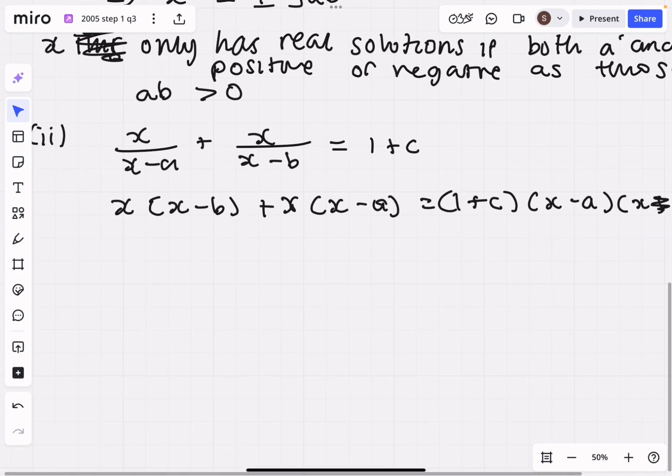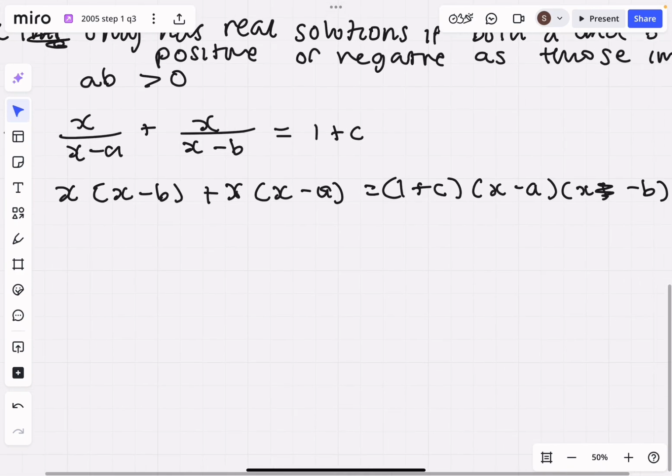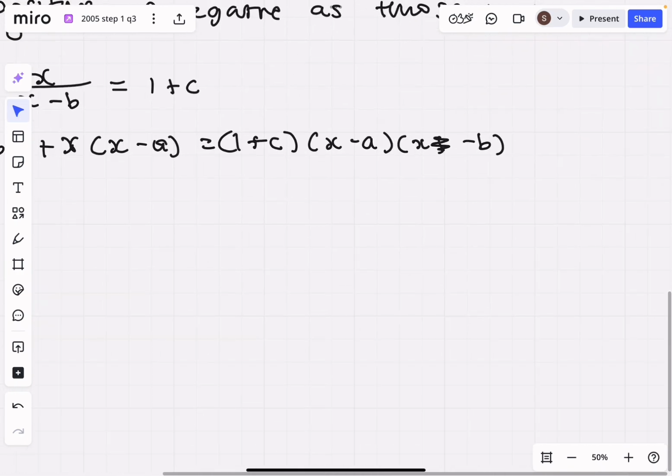And then let's expand. At first I want to expand the right hand side using a grid. It makes it easier.